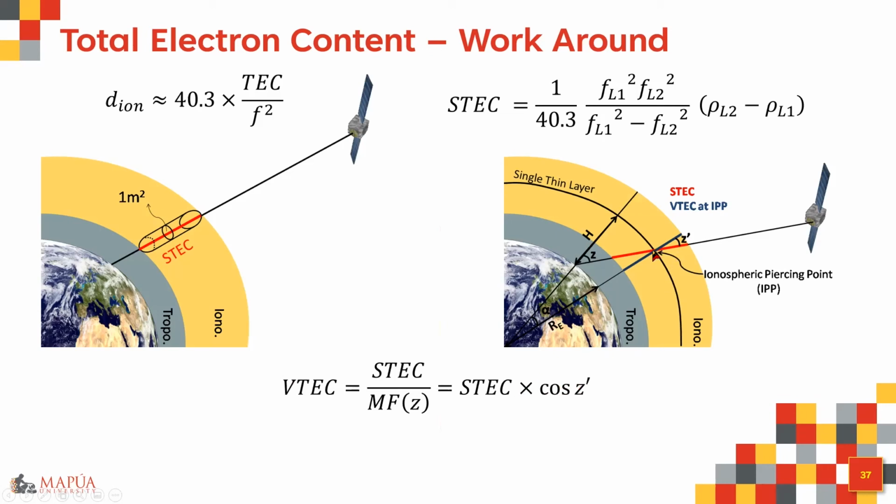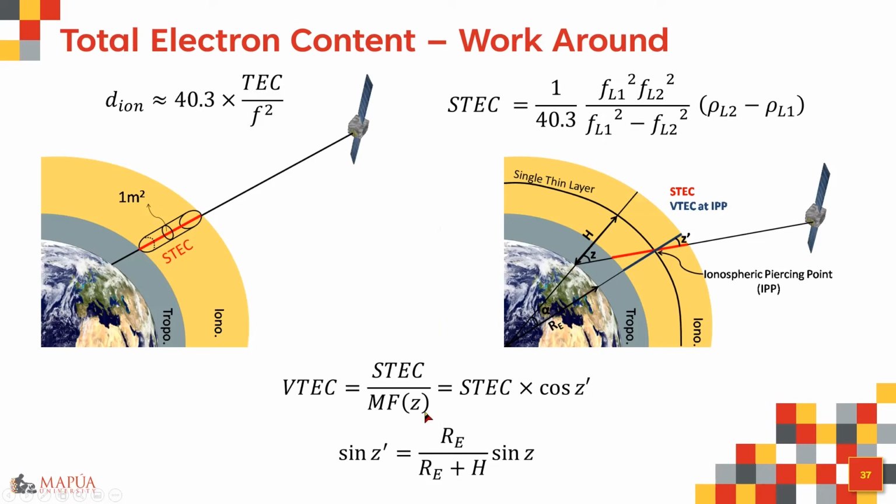We call this the ionospheric piercing point, the intersection between the thin layer that we assume and the signal path. At this point, we can estimate the vertical total electron content from the slant total electron content using the mapping function, wherein Z prime is the zenith angle at the ionospheric piercing point, while Z is the zenith angle at the receiver location.